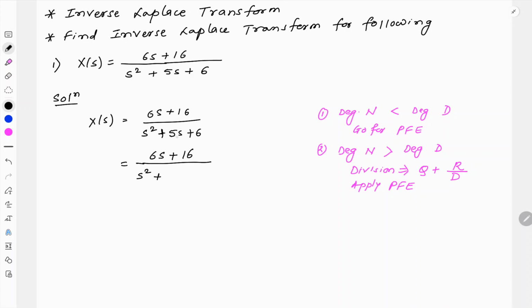So I will split 5s into two parts, where the addition of those two terms results in plus 5s and the multiplication of those two coefficients results in 6.